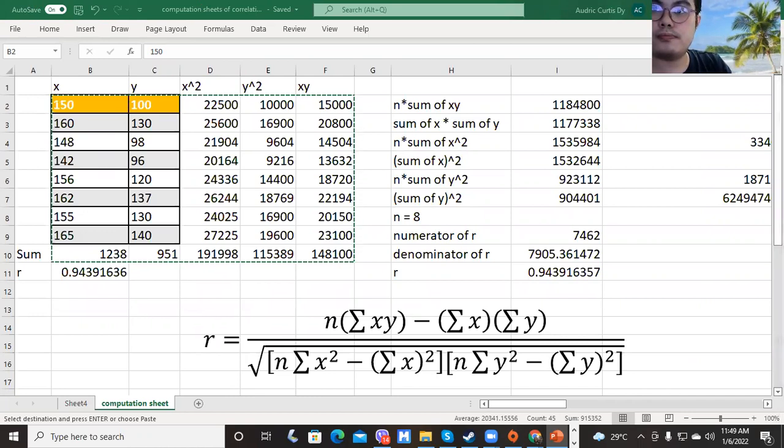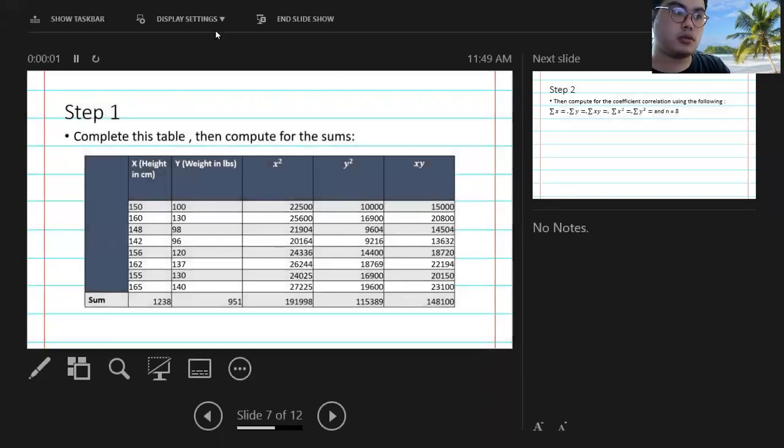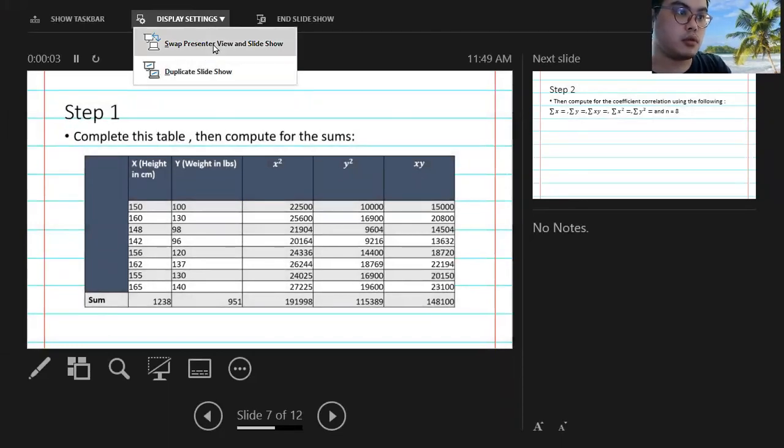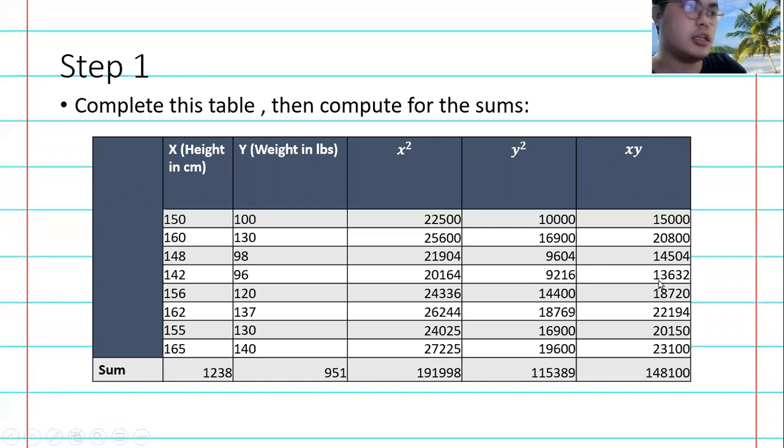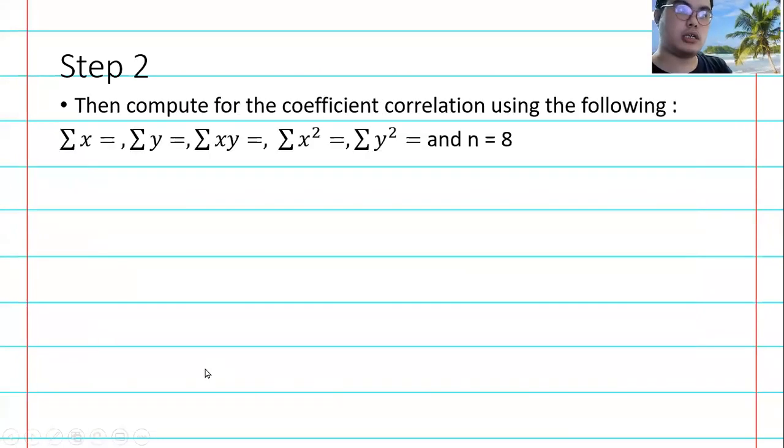So here is the data that we had made by completing this table. Here we're going to compute for the correlation coefficient using the following. Now we have the data.